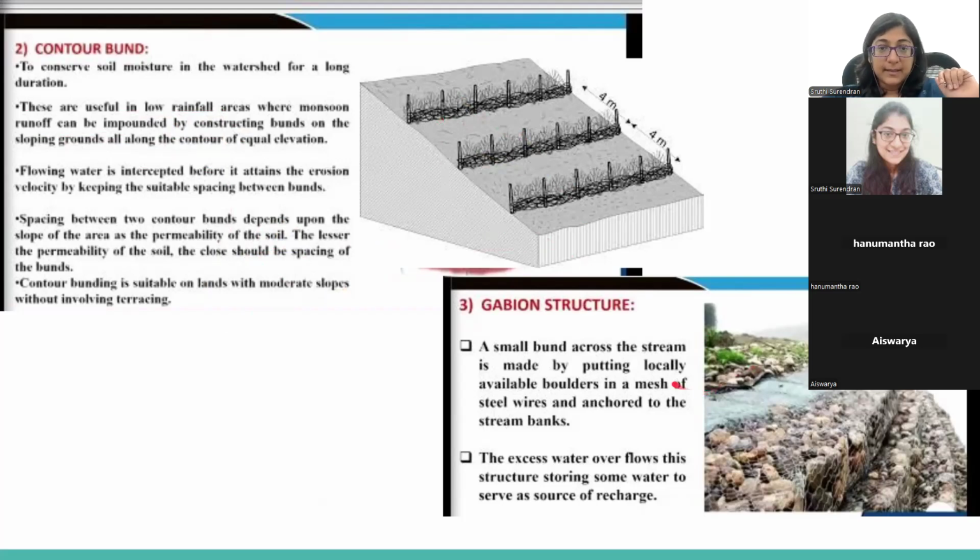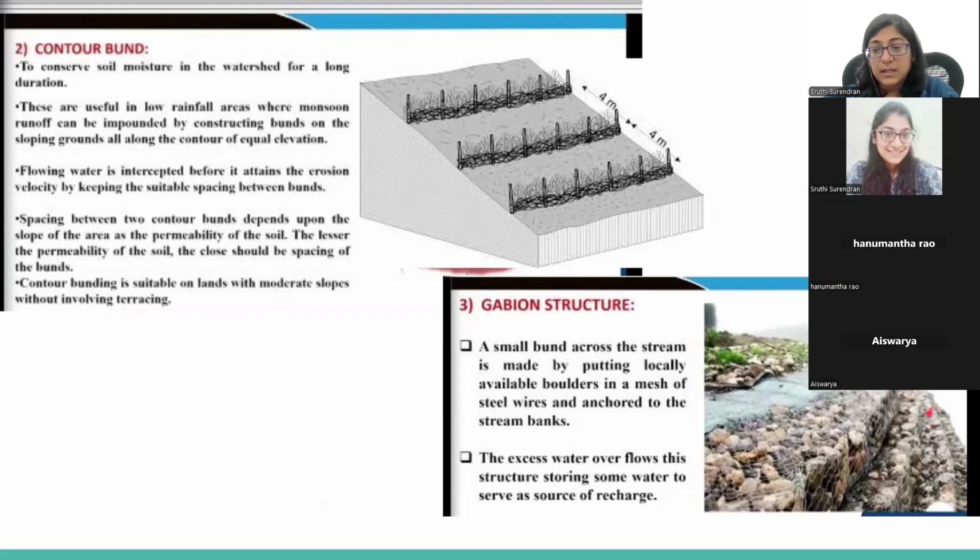The next technique is the Gabion structure. As you see over here, it is a structure built with a lot of rocks, pebbles and huge stones, constructed in such a way that all these are stacked inside meshes at the banks of streams and rivers.